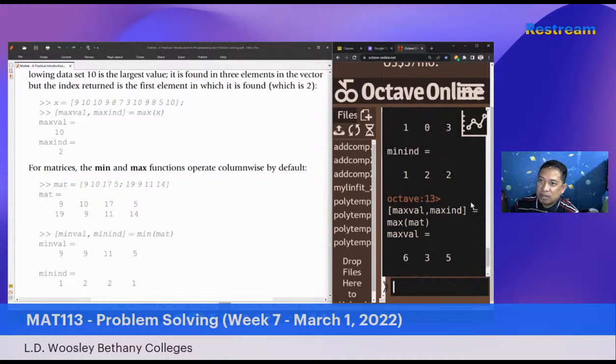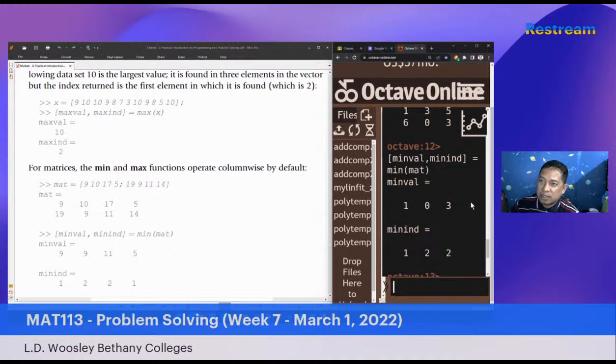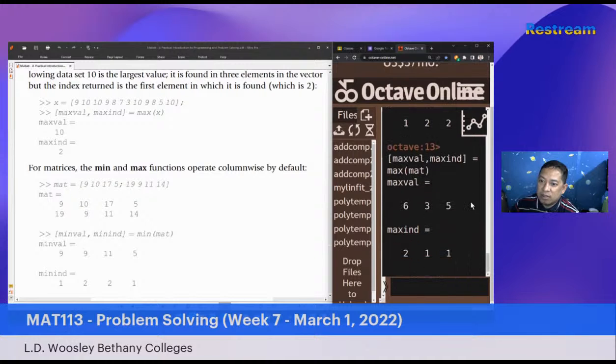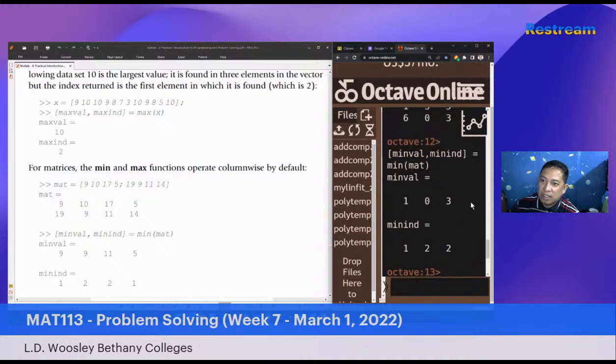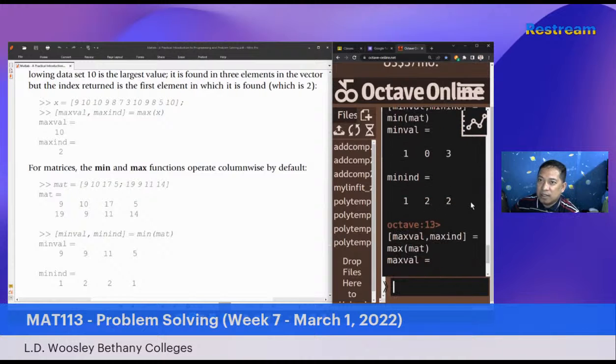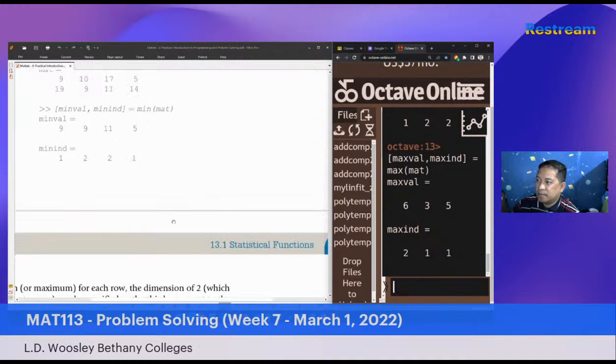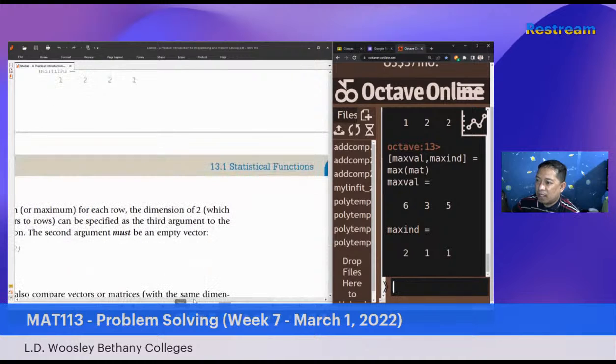Magre-reverse siya, di ba? So, maximum value between 1 and 6 is 6 on the second row. And then 3 and 0, 3 on the first row. And then 5 and 3, 5 on the first row. Yan. Alright. So, those are some of the items here.